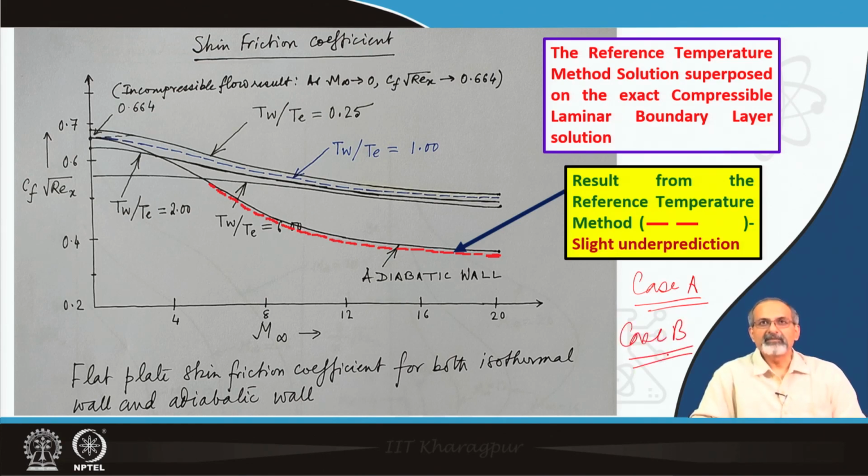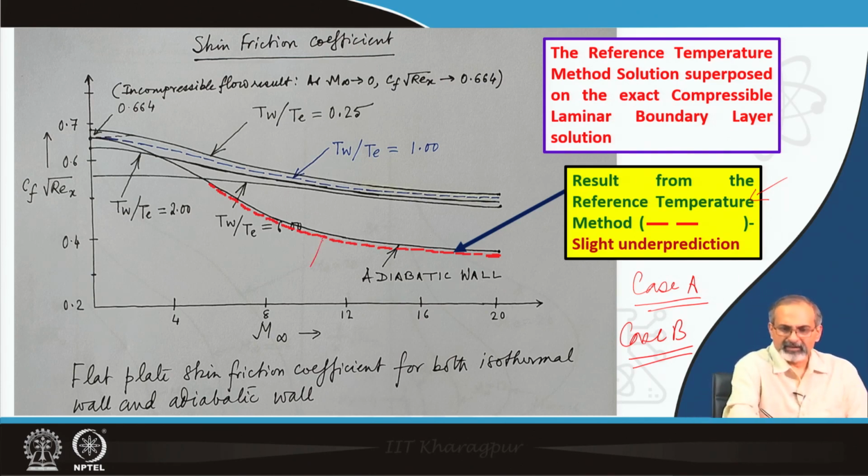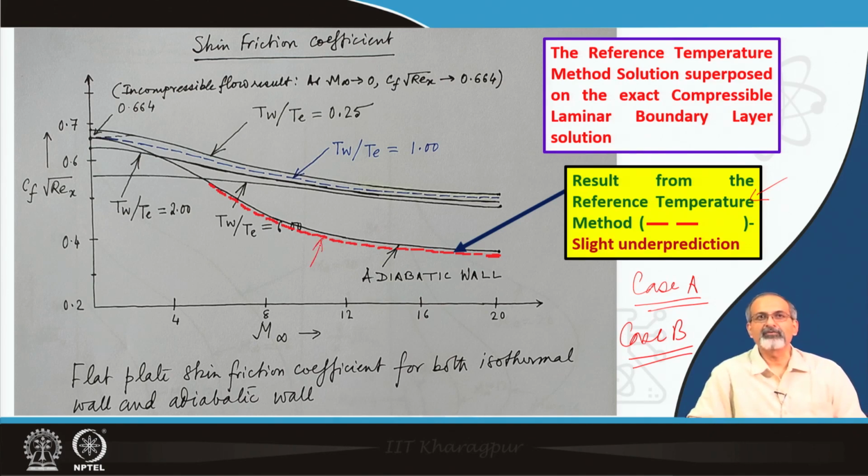And we see very often that the values which fall out of this reference temperature method implementation very closely follow the exact solution of the compressible laminar boundary layer by solving the two ODEs, and the dashed red line that we have over here for the adiabatic wall case is the one for the reference temperature method, which does a slight under prediction.